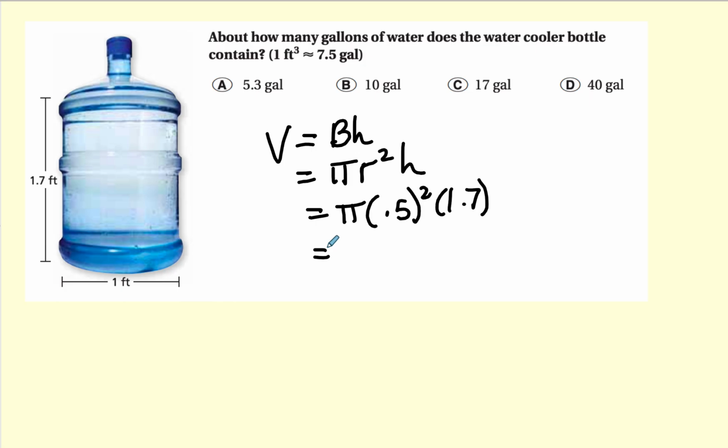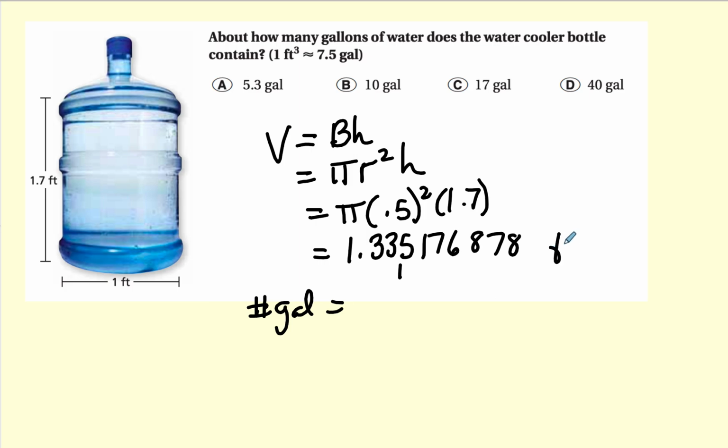When I take that and multiply it all out, I'm going to use my pi button. I'm going to get the answer 1.335176878. I'm going to figure out how many gallons there are, so the number of gallons will be equal to this number, which is the cubic feet.